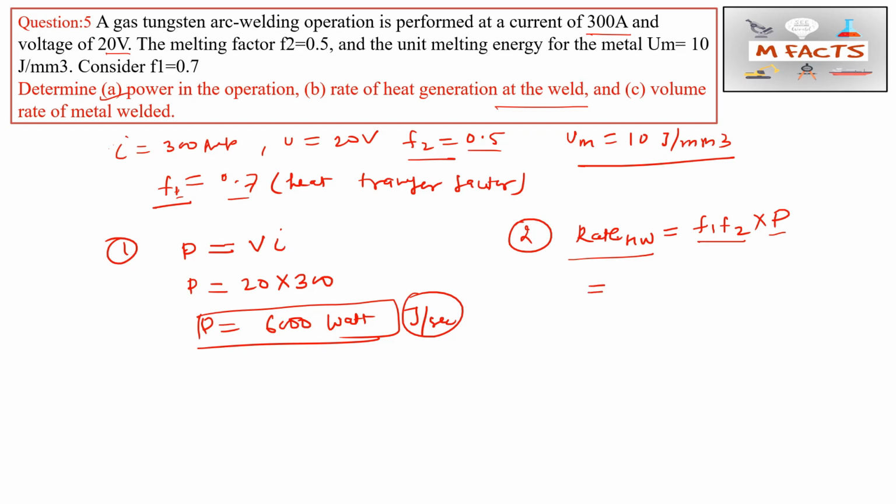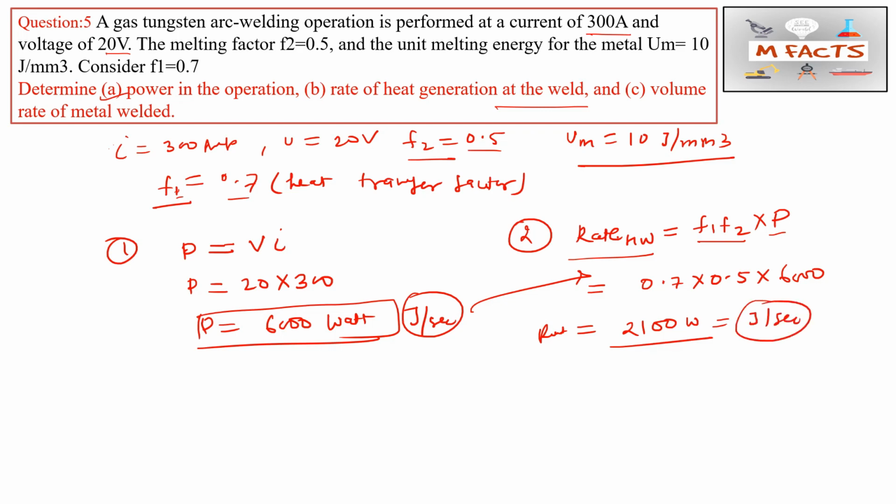This F1 value we know is 0.7, this is 0.5, and power we have already calculated, so we put it from here. So the rate of heat generation we get is 2100 watt. That means this is also in joule per second. Again and again I am saying about the units, because we will learn by practice, so we will not make silly mistakes in the exams.